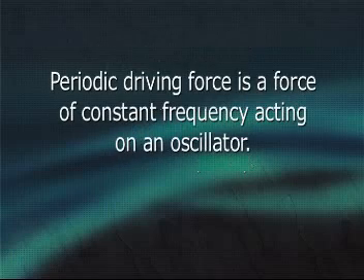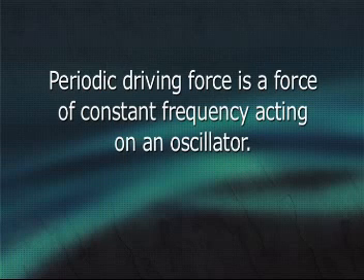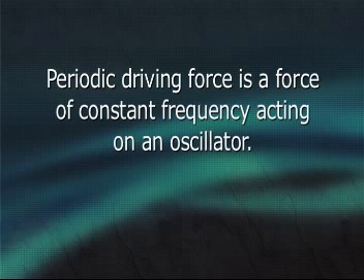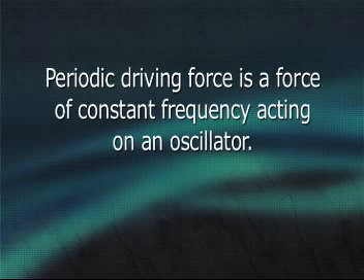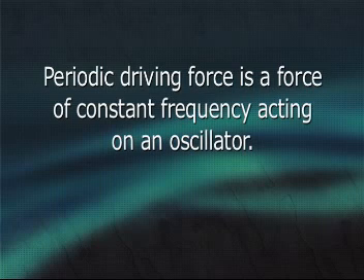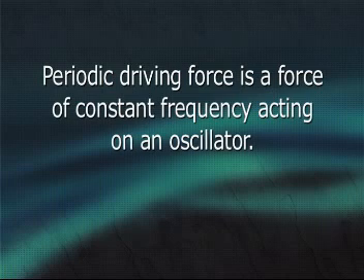Forced oscillation occurs when a force of constant frequency acts on an oscillator. Such a force is called a periodic driving force. When an object experiences forced oscillation, it oscillates at the frequency of the periodic driving force rather than at its natural frequency.